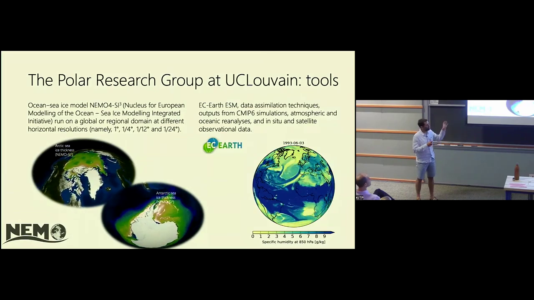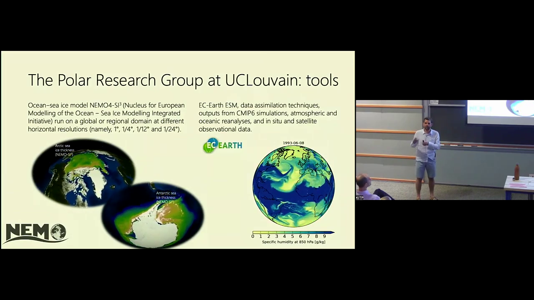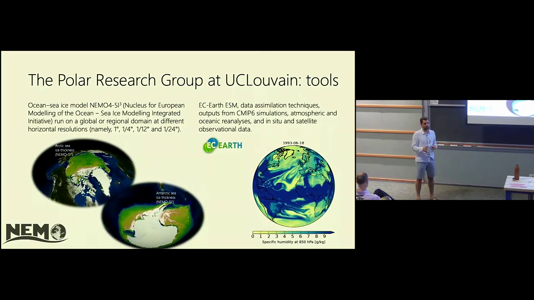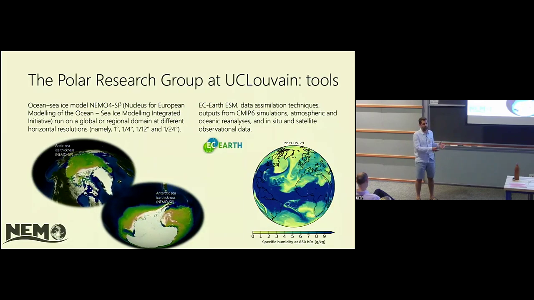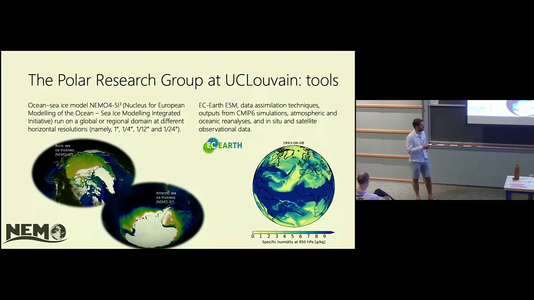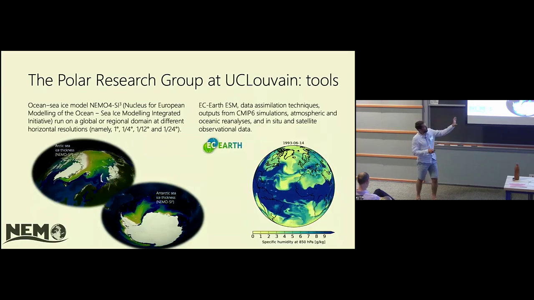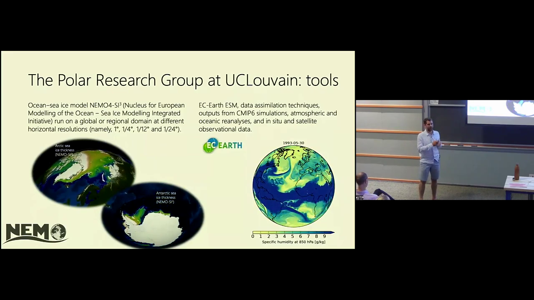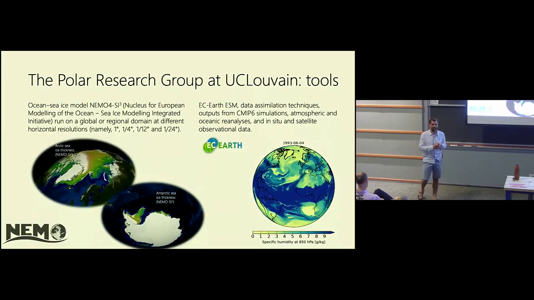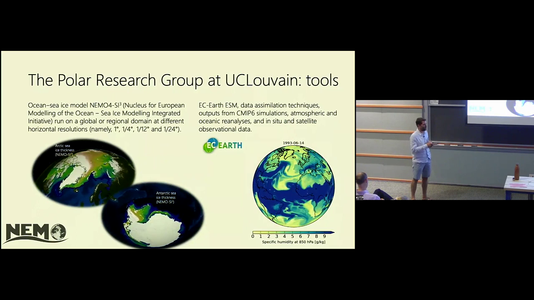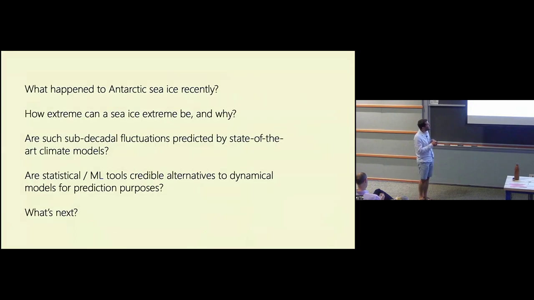We run that model at typically 3 to 4 spatial resolutions: 1 degree, 1/4 degree, which is eddy permitting, 1/12 of a degree, and then a regional configuration at 1/24 of a degree. Besides that, we also run a coupled climate model called EC-Earth. We saw today a few results from EC-Earth for housing experiments, and EC-Earth is typically run at 1 degree resolution.